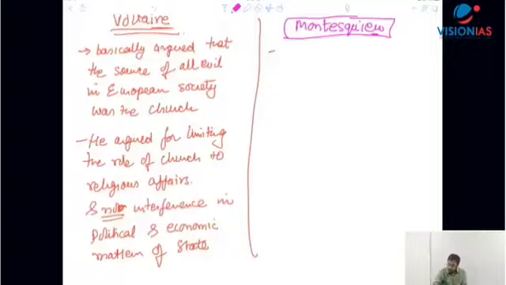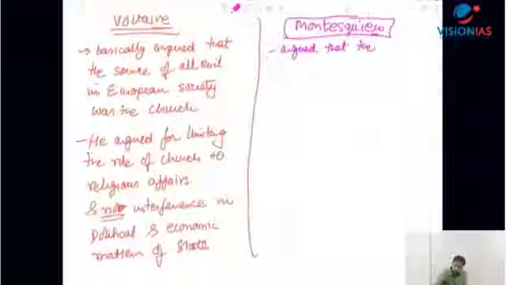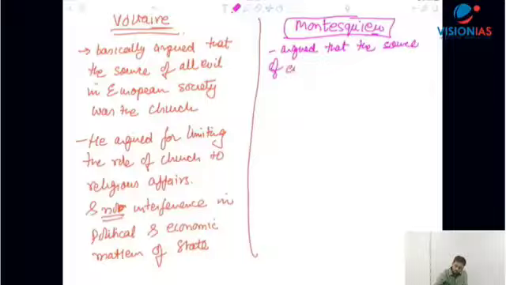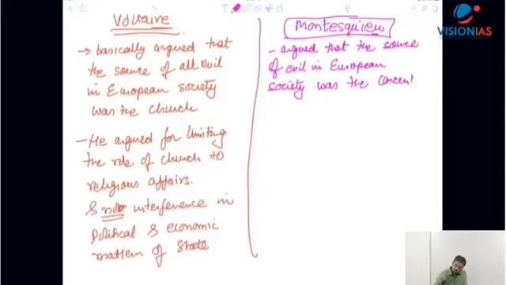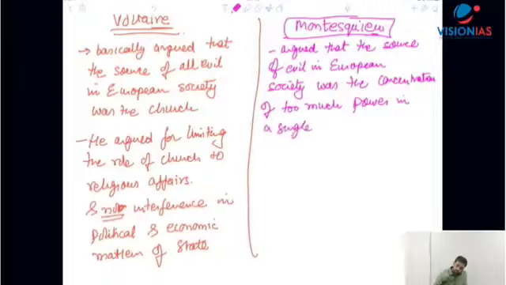So Montesquieu argued that the source of evil in European society was the concentration of too much power in a single authority.